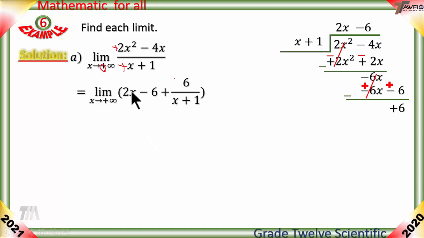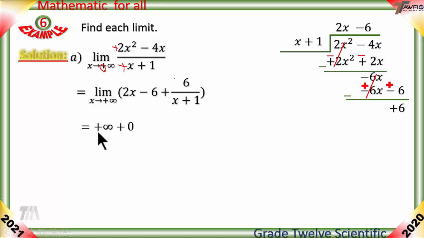And now, because this function, or 2x, its degree is odd and x approaches positive infinity, this one approaches positive infinity. And 6, any constant over x, its limit when x approaches positive infinity or negative infinity is equal to 0.